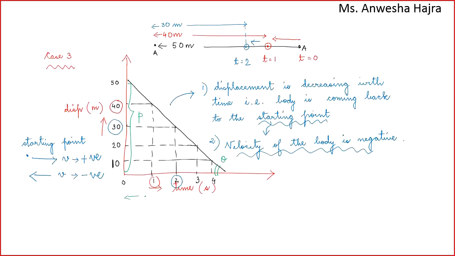This is base. Perpendicular by base is slope. This side is hypotenuse. So what is my velocity now?